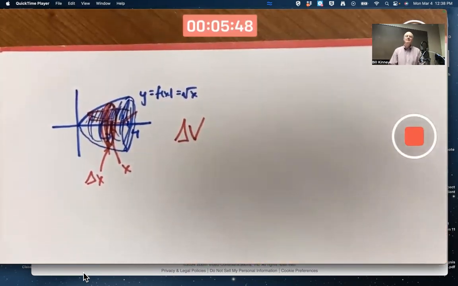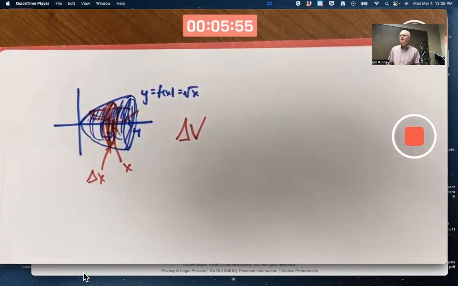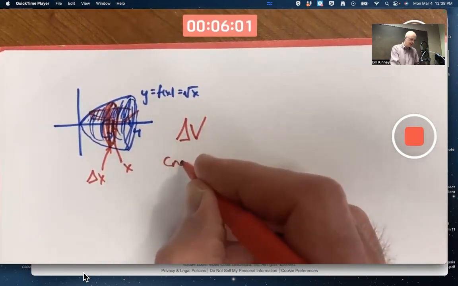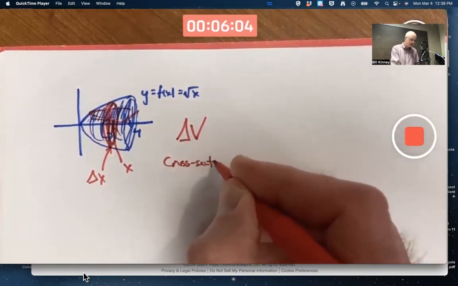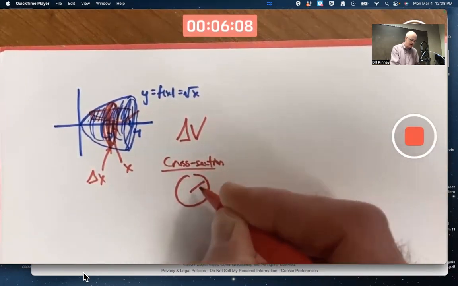Delta V, you're imagining to be the small volume of this really thin wafer, right? That doesn't have a hole in it this time. The cross-section is not a ring shape this time. It's just a single circle and its interior.